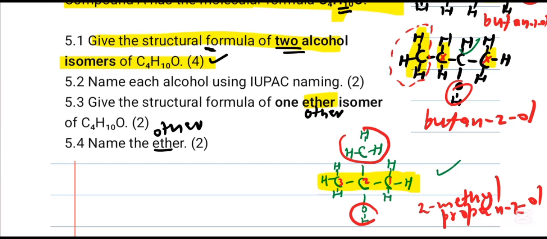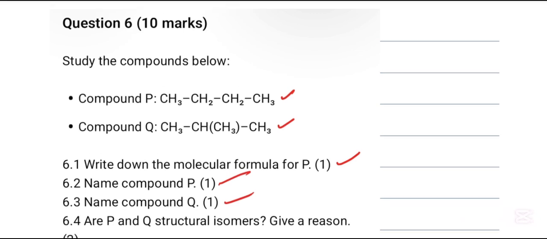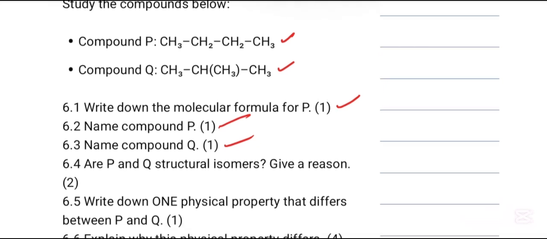Let's go to question number 6. So you can answer question number 6 and question number 7. Question number 6. Start the compounds below. So you are given this compound and this compound. They say write down the molecular formula of P, name P, name compound Q, are P and Q structural isomers. Give a reason for your answer.